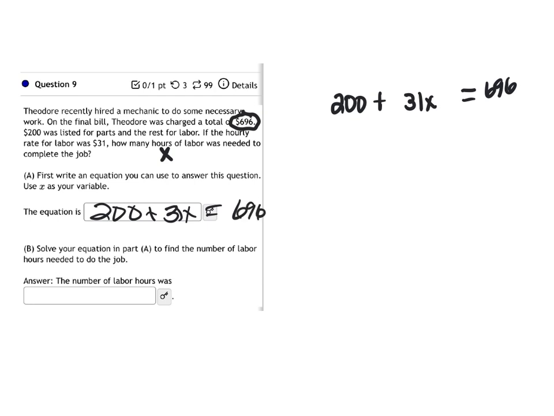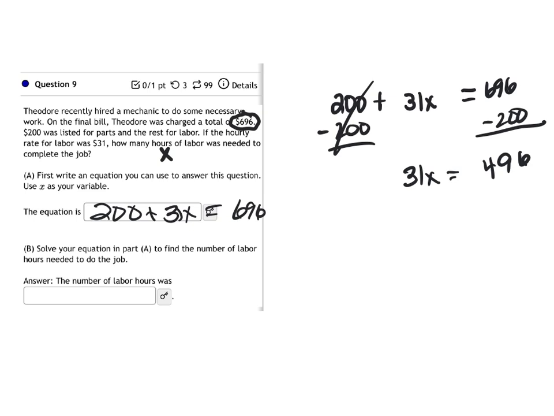Now the second part is they're asking us to find the number of hours. So we're going to subtract 200 from both sides. This goes away and leaves us a positive 31x equals 696 minus 200 would give us 496.